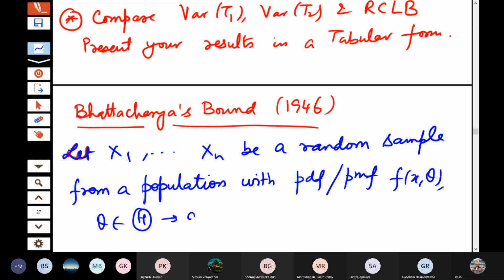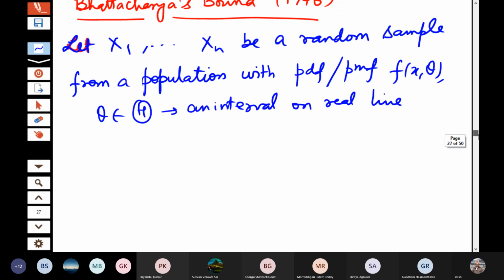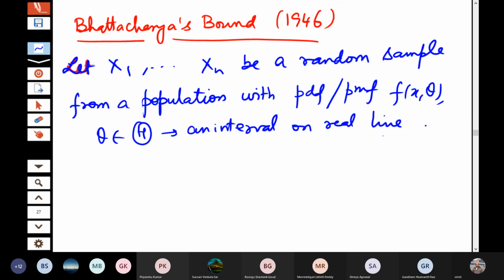an interval on the real line. Earlier I have defined S(x, theta), so I will consider now S_i(x, theta).